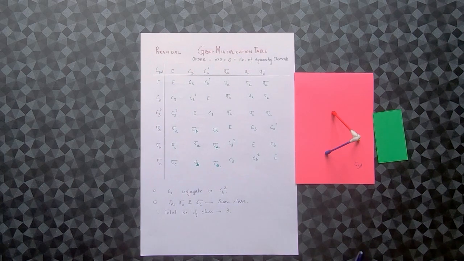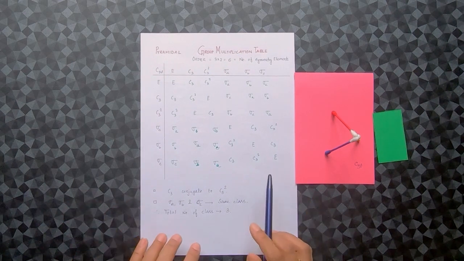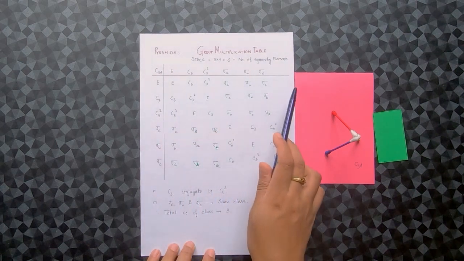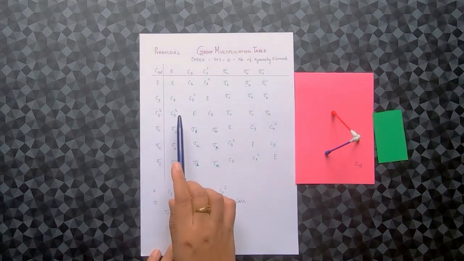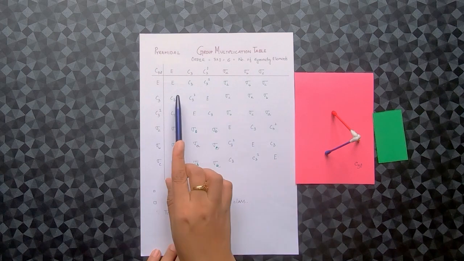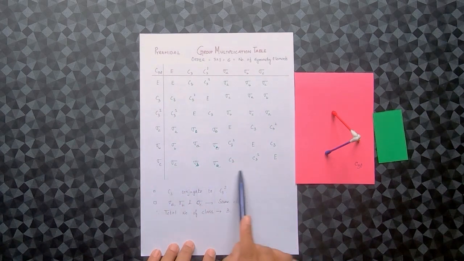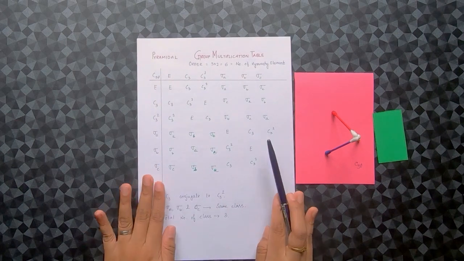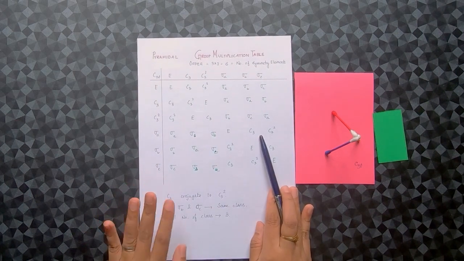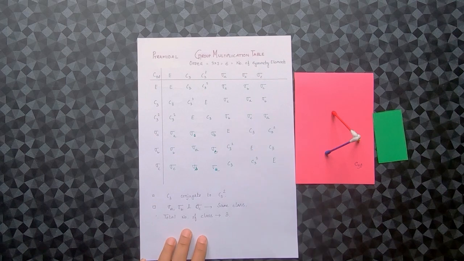According to the group multiplication table, as it is a Latin square, no symmetry element should be repeated in any row or any column, which is verified in this group multiplication table, or GMT.